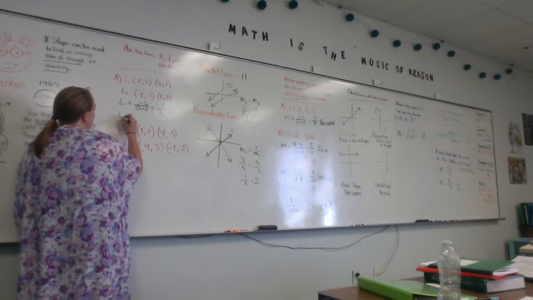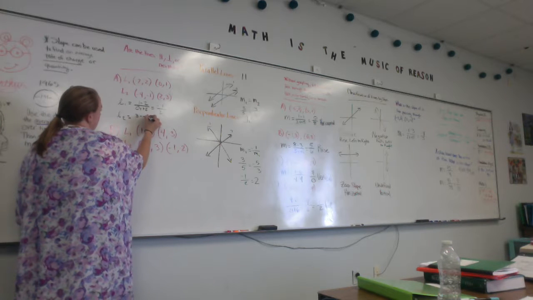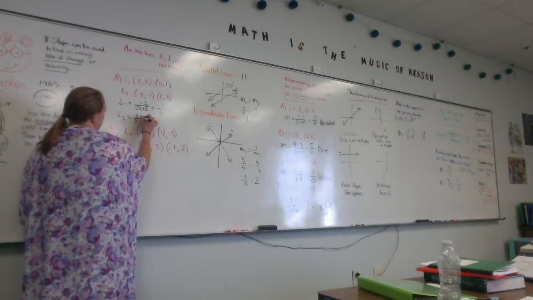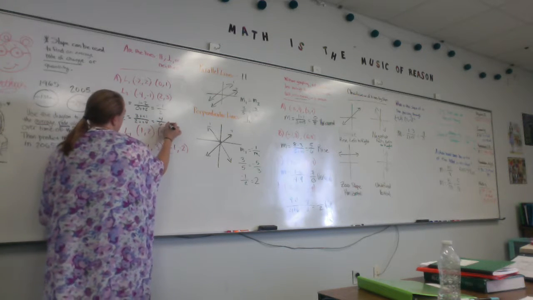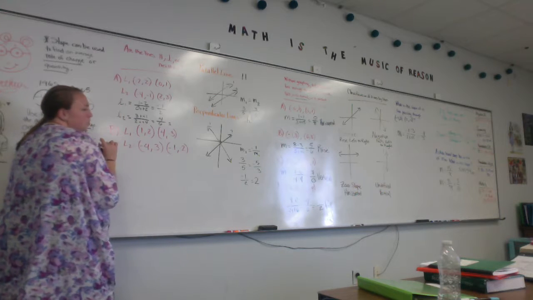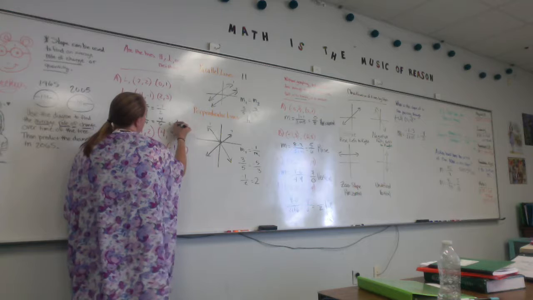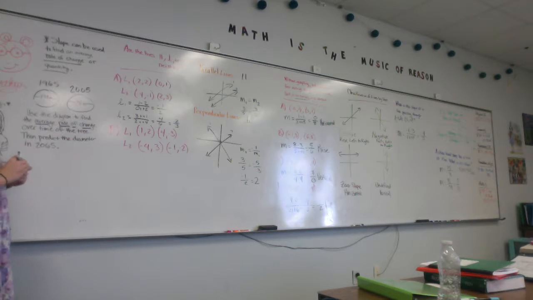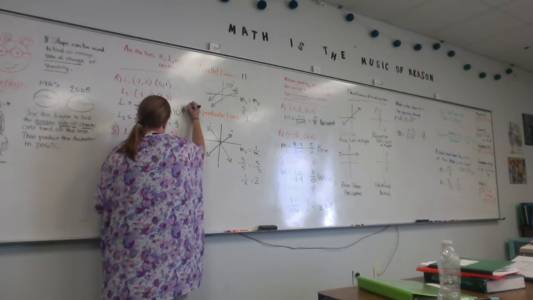And line 2 would be 3 minus negative 1 over 2 minus negative 4, which would give me 4 over 6, which is what reduced? 2/3. Are they parallel, perpendicular? Neither.